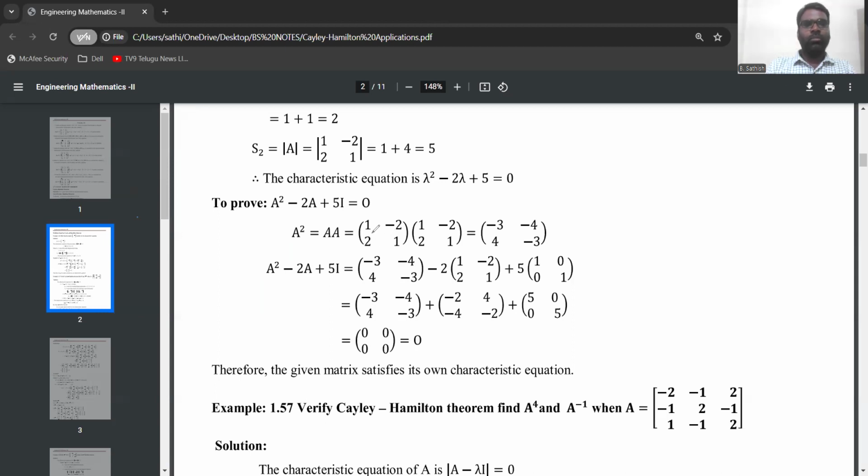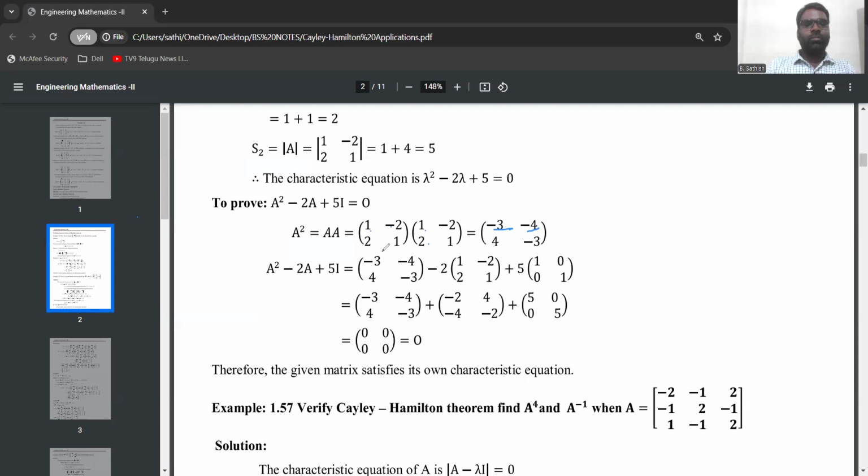Here, multiplying these two matrices, 1 into 1 plus minus 2 into 2, so we are getting 1 minus 4, that is minus 3. Similarly, next, 1 into minus 2 plus minus 2 into 1, so minus 2, minus 2, minus 4.